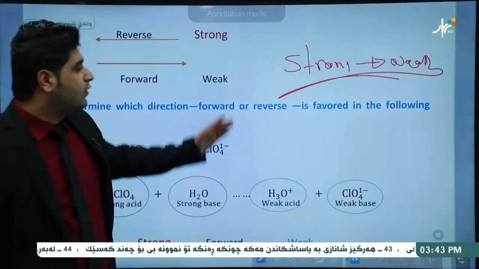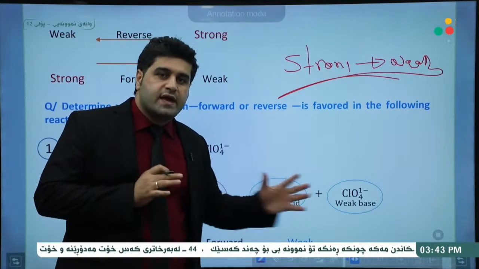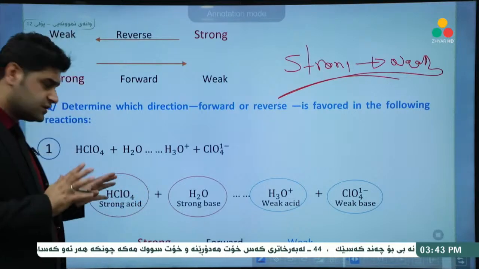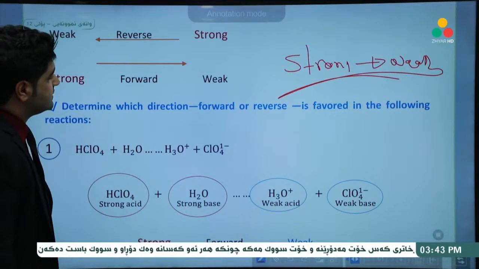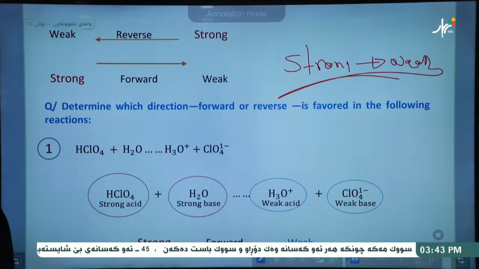Strong, weak. Because the strong always wins when it fights with the weaker. According to this rule, it's the jungle rule. Determine whether the forward or reverse direction is favored in the following reaction.